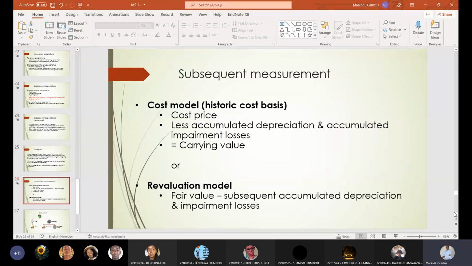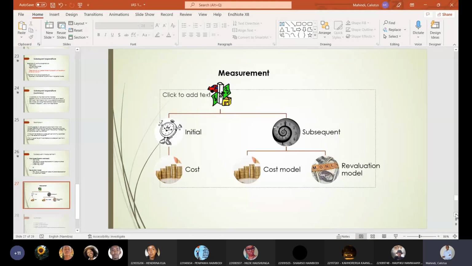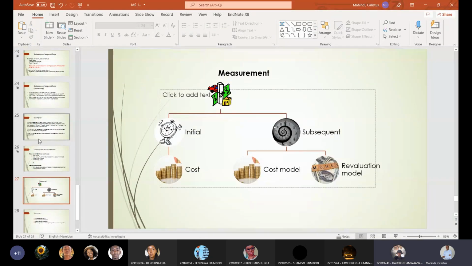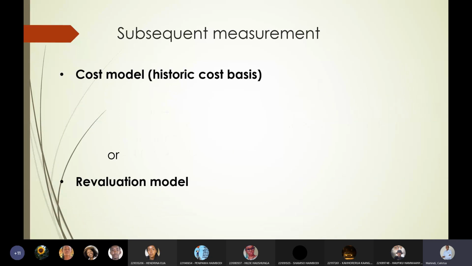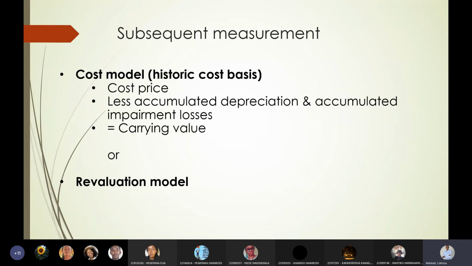For Financial Accounting 201, subsequent measurement, how can property, plant, and equipment be carried? PPE will be carried using the cost model, which is cost less accumulated depreciation and accumulated impairment losses. That gives you the carrying amount. Yesterday we dealt with an example with accumulated depreciation and impairment losses.